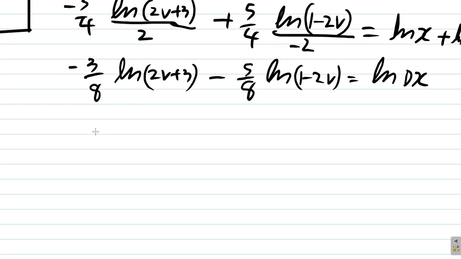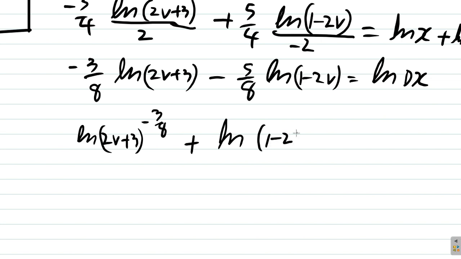Now here, the laws of logarithm again. This would be ln (2v + 3) to the power of negative 3/8, plus ln (1 - 2v) to the power of negative 5/8, equal ln dx. You see that? Because I've put it to the negative, as this can be written as plus negative.